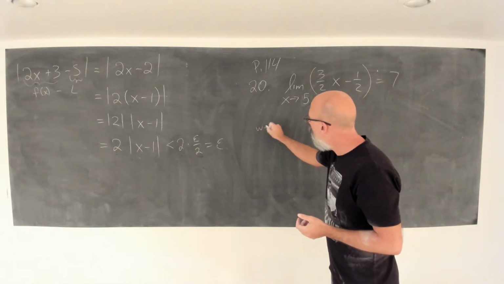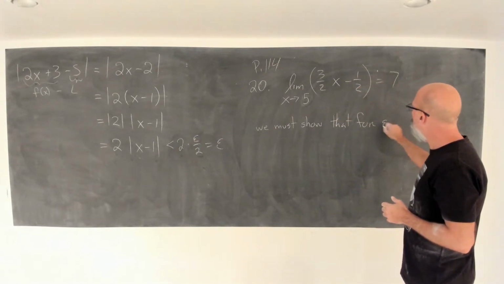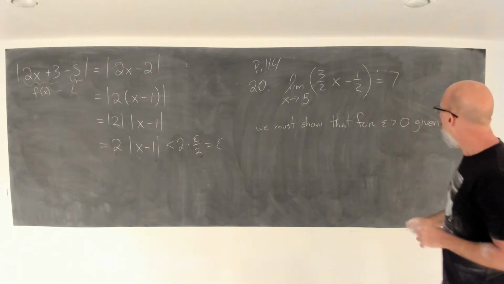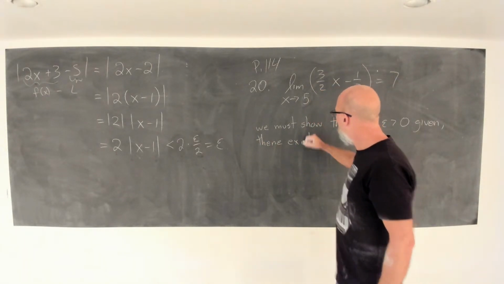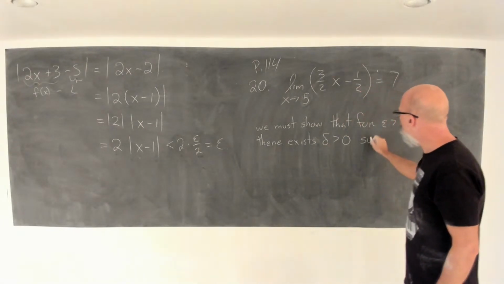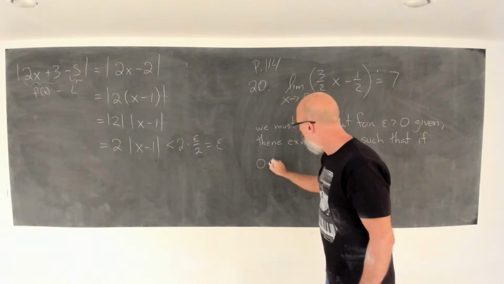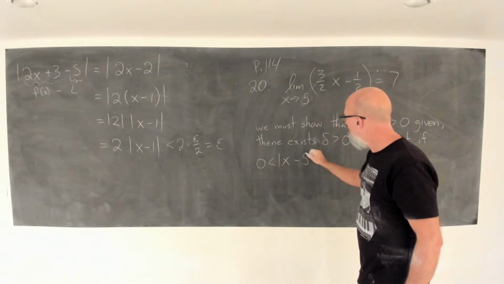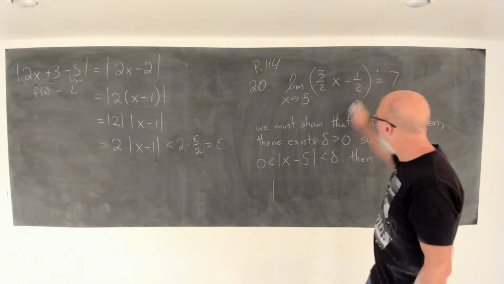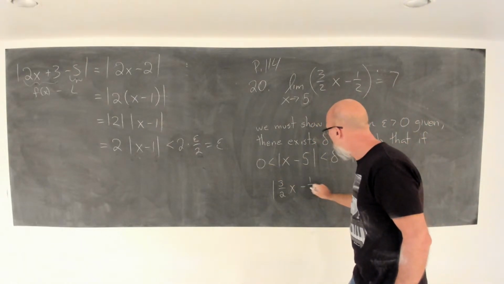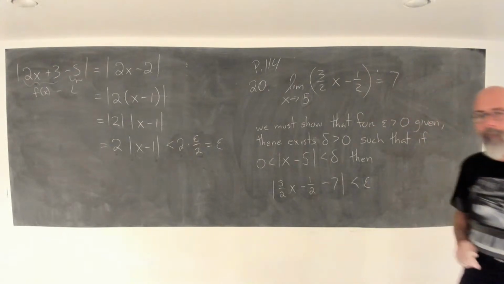What do we have to show? We must show that for epsilon greater than 0 given, there exists a delta greater than 0 such that if the absolute value of x minus a is less than delta, then the absolute value of f of x minus L is less than epsilon.